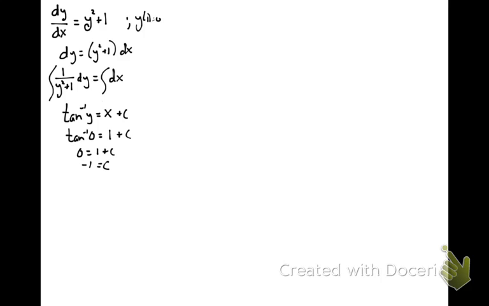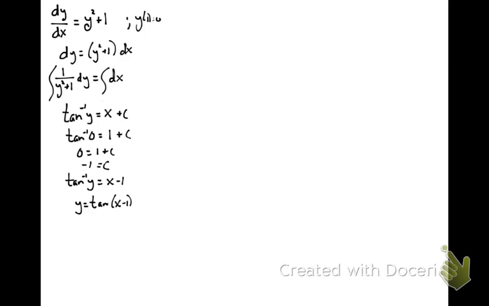So our initial equation should be the inverse tangent of y equals x minus 1. To get y by itself, we'll have to take the tangent of both sides. So y equals the tangent of x minus 1.